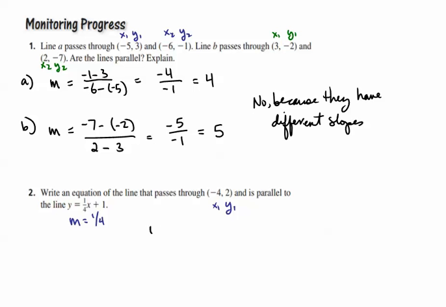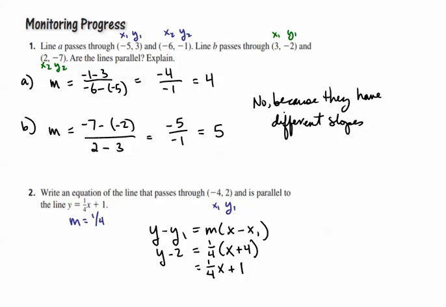So we're going to use point slope form. y minus y1 is equal to m times x minus x1. Plugging in y1, which is 2, we have y minus 2 is equal to 1/4 times x minus negative 4, or x plus 4. Watch out for the negatives. Distributing, we get 1/4 x plus 1, y minus 2.